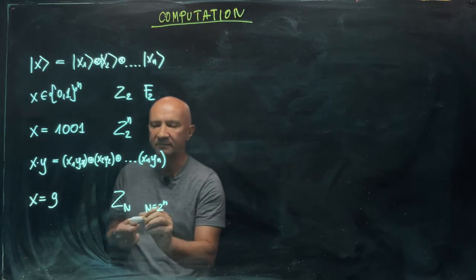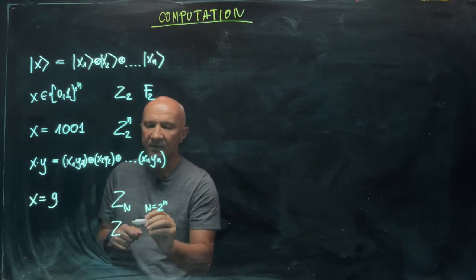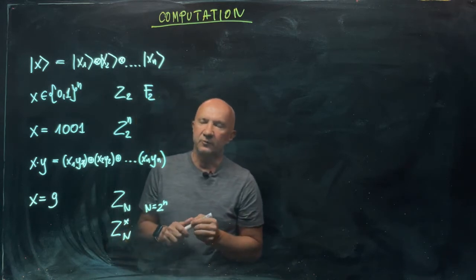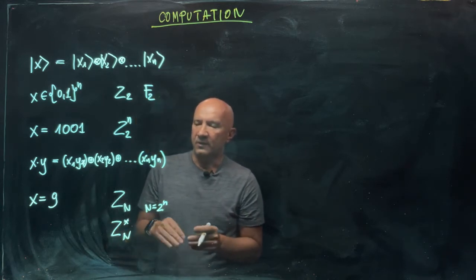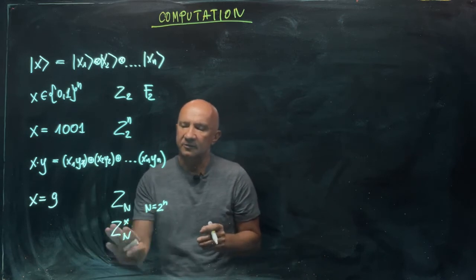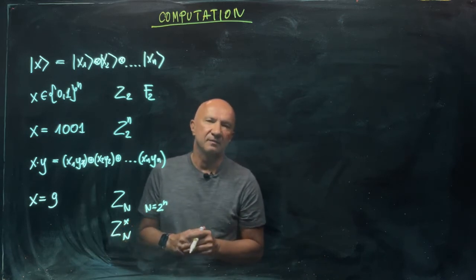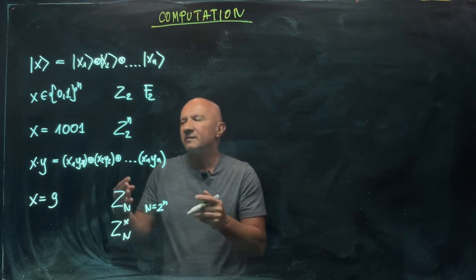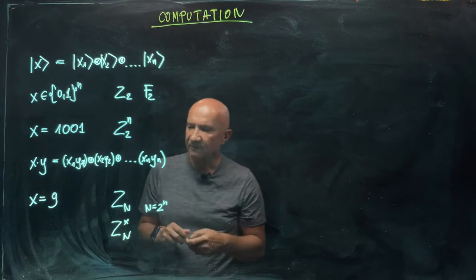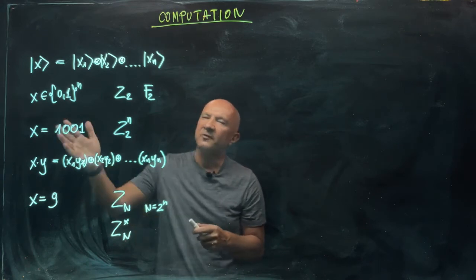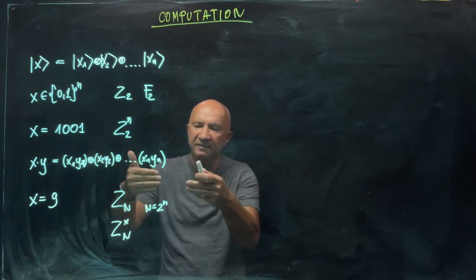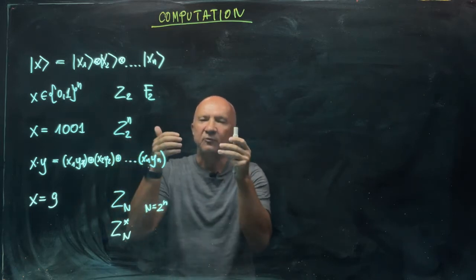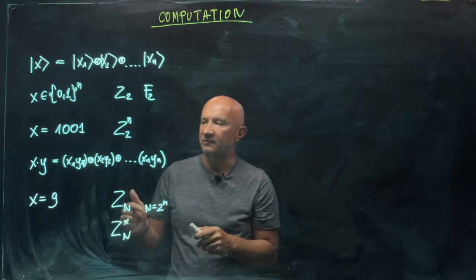You can, of course, find some other interesting groups. So for example, this one: the group with all the integers which are co-prime with n, where the group operation is multiplication modulo n. What I'm saying essentially is that we operate on binary strings, but it's up to you what kind of meaning you give to a binary string.